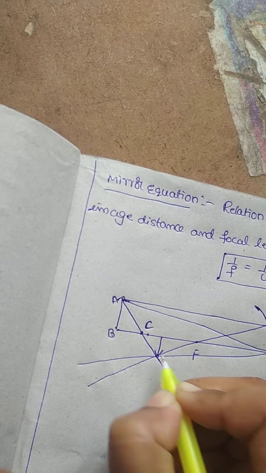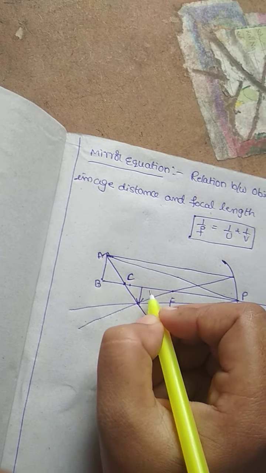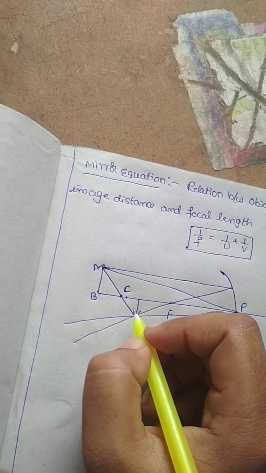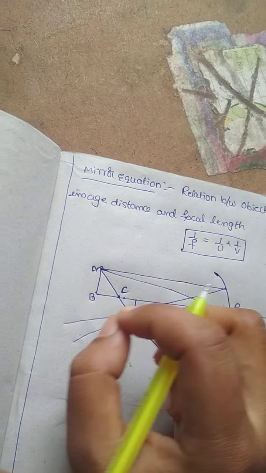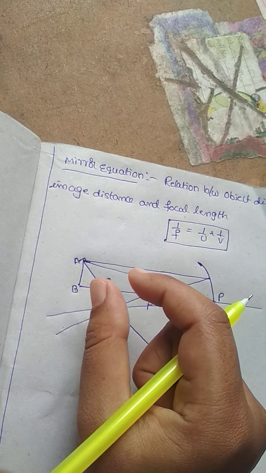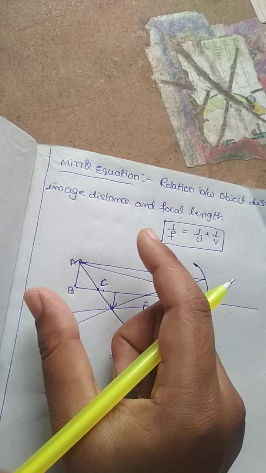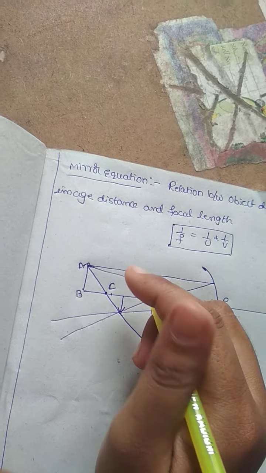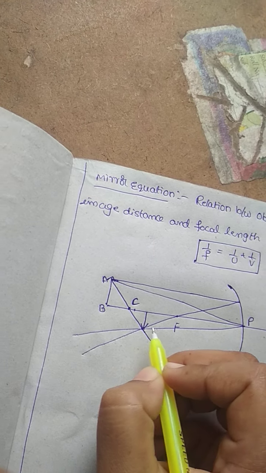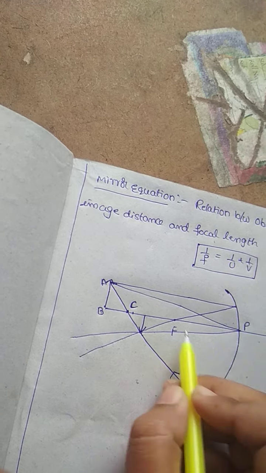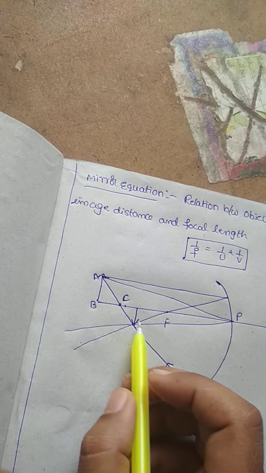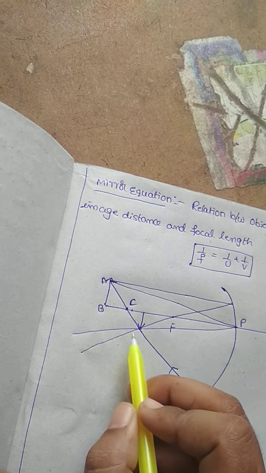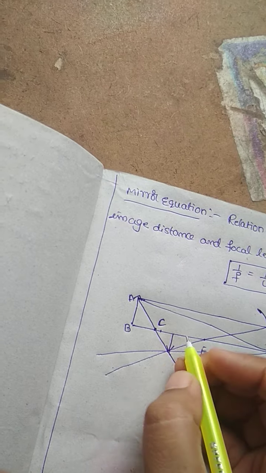This image is a real and inverted image. Inverted means not straight. A real image is always inverted and a virtual image is always erect. Erect means straight. So this is a real image. Why? Because all rays really meet at this point.